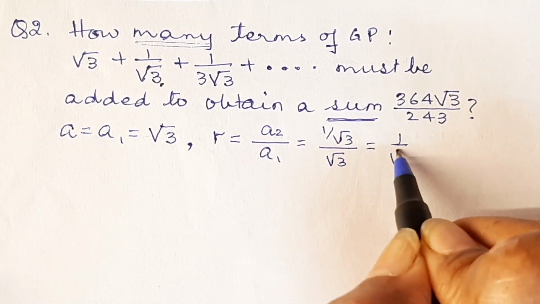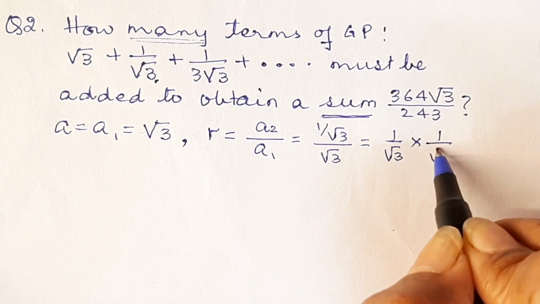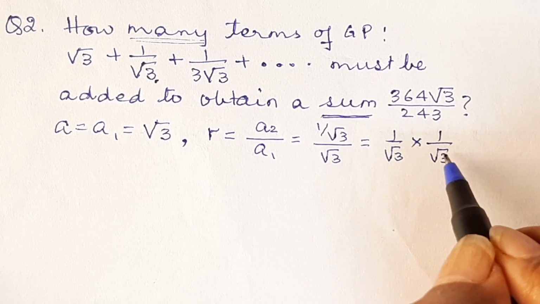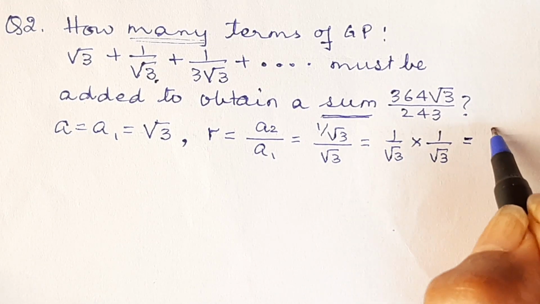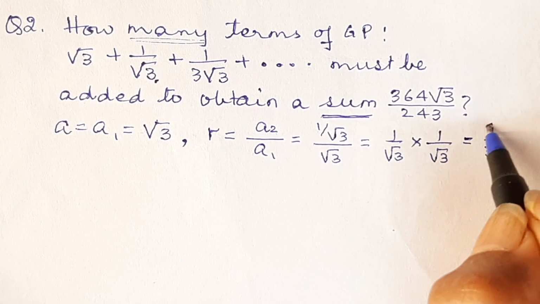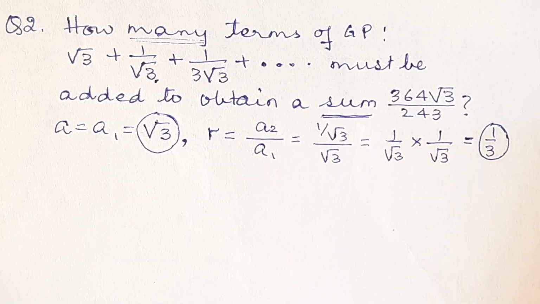That gives us 1 upon root 3 divided by root 3, which means you multiply by 1 upon root 3, and that will give us 1 upon 3, which is our value of r. Now we have a and we have r.